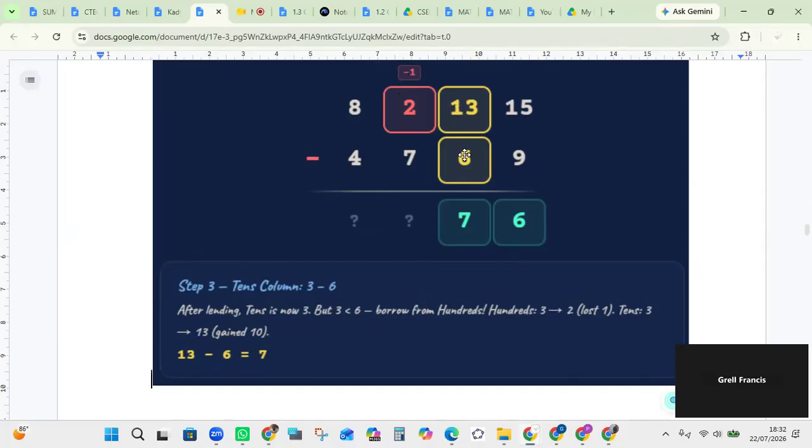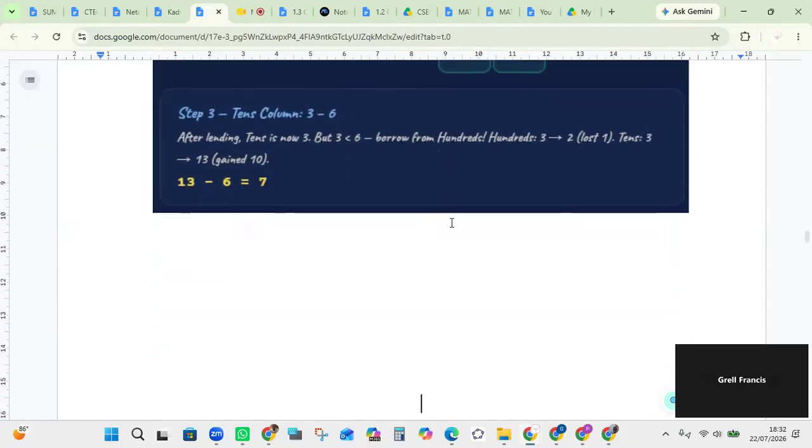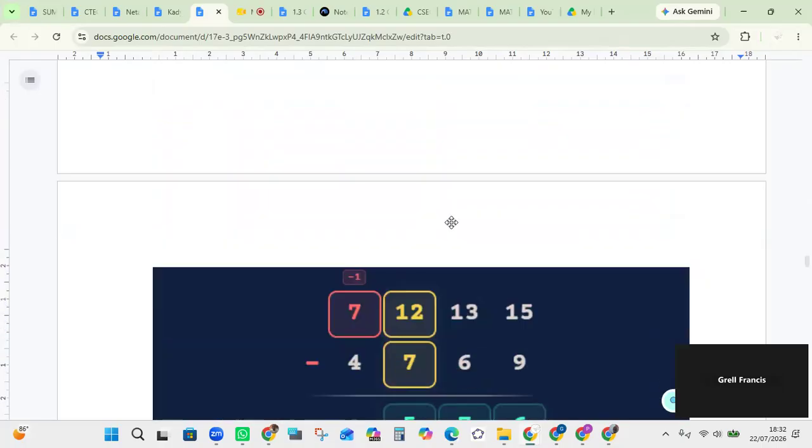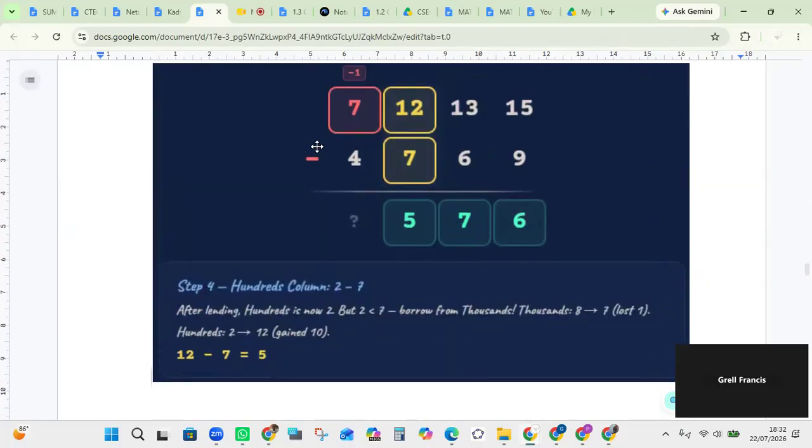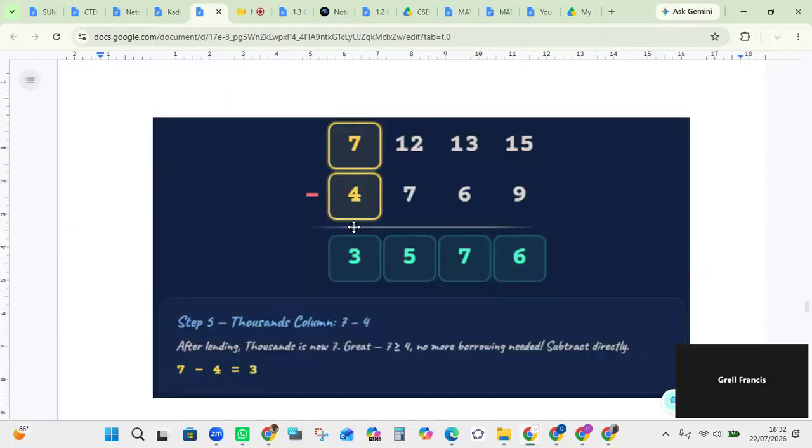Then you say 14 minus 6 will give us 8. Then the 8 will be 7, carry to be 12. 12 subtract 7 is 5. And then 7 subtract 4 will give us 3. So the answer is 3,576.